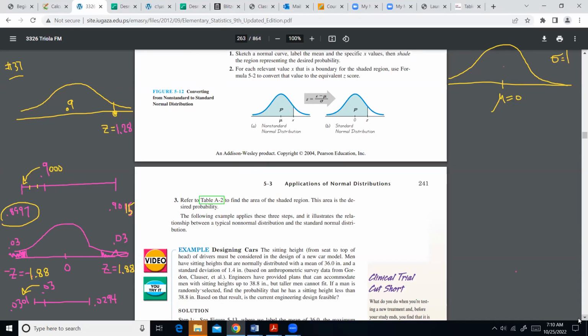So they're talking about how we can convert any normal distribution to our special one, the standard normal. So to convert, here's the formula. I can find a corresponding value of z for any value of x, and this is x subtract mean over standard deviation.